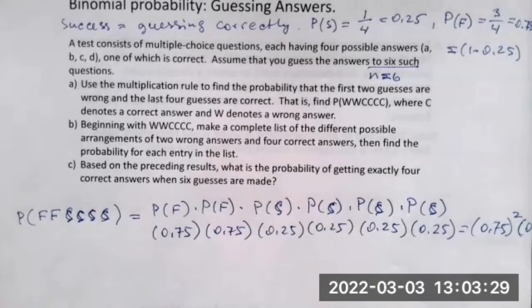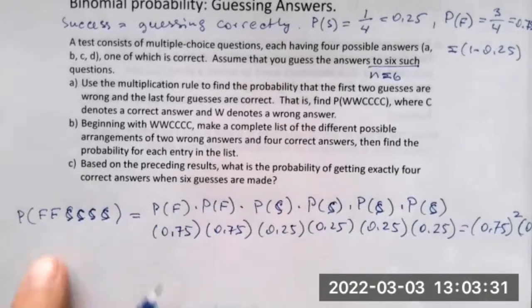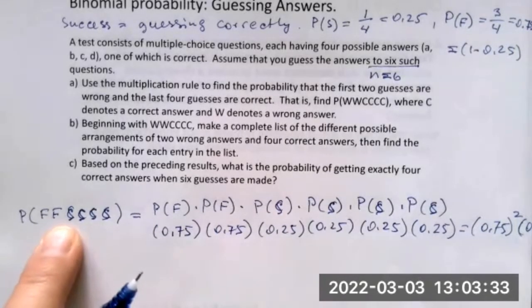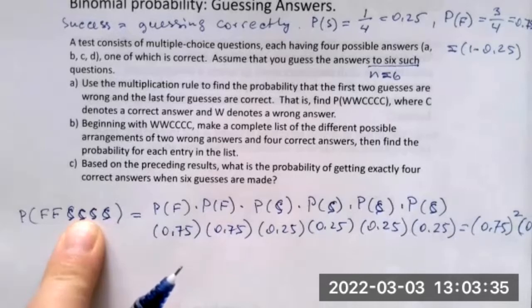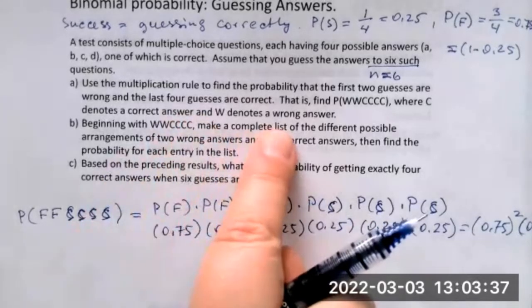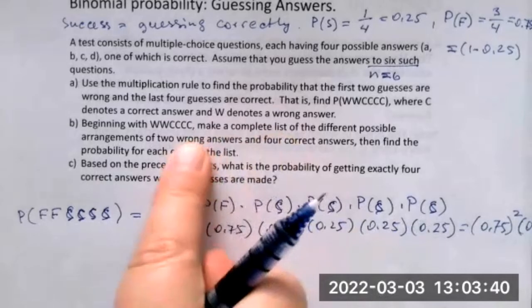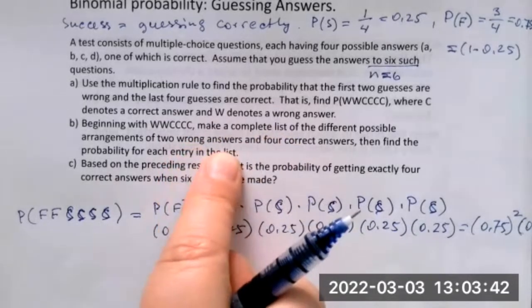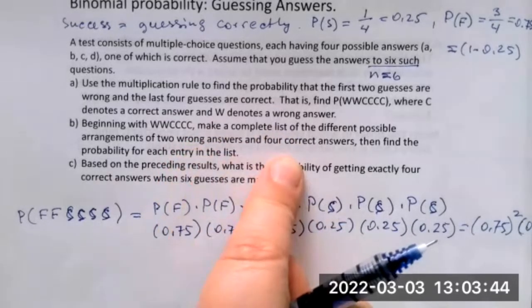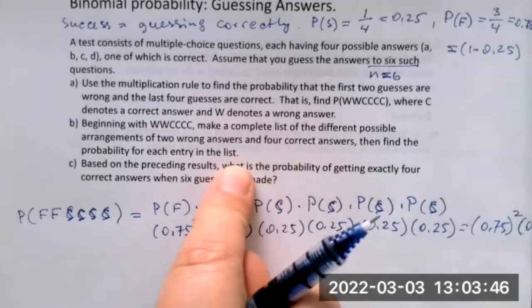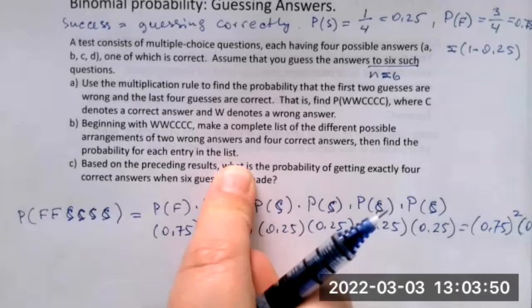Okay, so beginning with this situation, 2 first failures and then followed by 4 successes, make a complete list of different possible arrangements of 2 wrong answers and 4 correct answers. Then find the probability of each entry in the list. Okay, let's list them all.